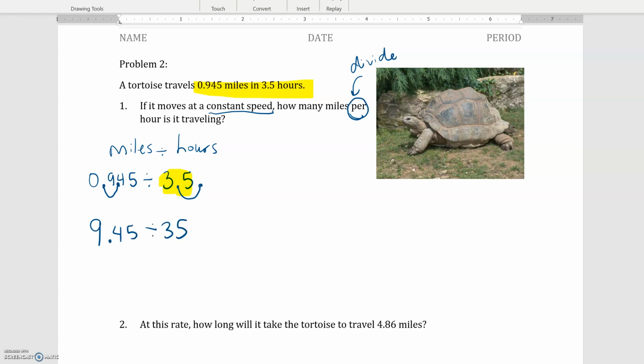I see a whole number divisor, so now we're good to go. So right now, if you can do again some practice, we're going to have 9 and 45 hundredths as our dividend divided by 35. Do that now on your own. Pause here and check the work after you are finished.